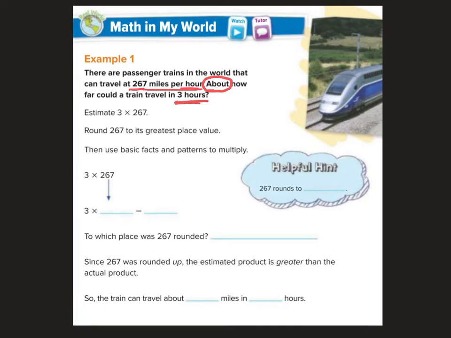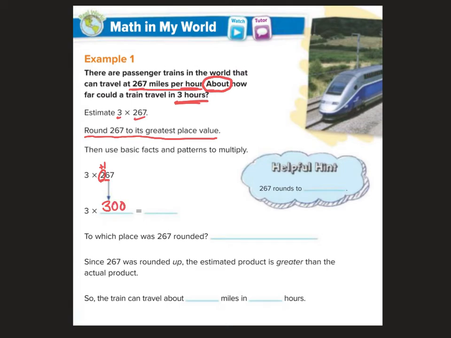Okay, so I need to estimate 3 times 267. So what we're going to do is we're going to round 267 to its greatest place value. Okay, so the greatest place value here is 2. So I'm going to circle the 2, and it's in the hundreds. Underline the tens. The 6 tells me to add 1. So I'm going to round that to be about 300.